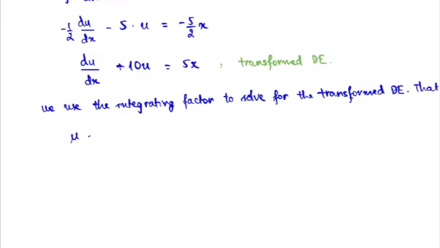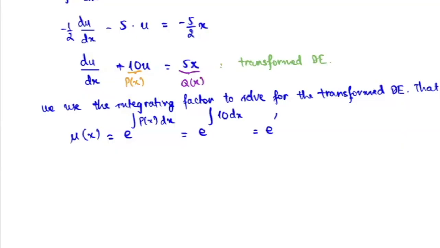You introduce an integrating factor, mu of x, equal to e raised to the power of the integral of p of x dx, where p of x is equal to 10 in this case. This is p of x, and this is q of x for the transformed differential equation. And you have e to the integral of 10 dx, equal to e to the power of 10x.